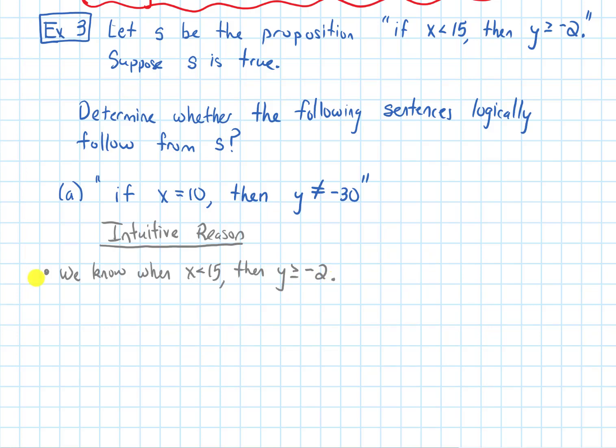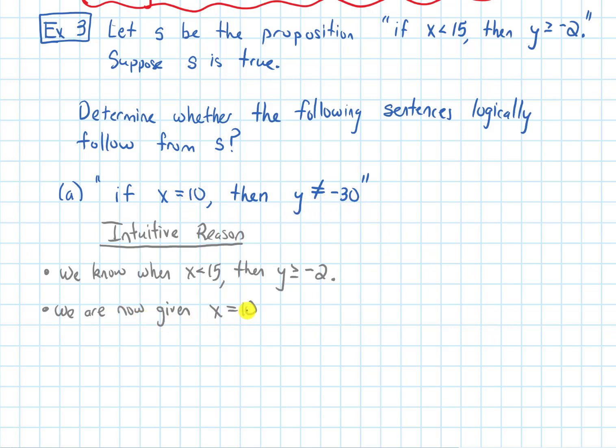So I'm just organizing my thoughts into bullet points here. So here's the first thought. Based on what part A says, we are now given that x is going to be equal to 10, because it says if x is equal to 10, then y is not equal to -30.